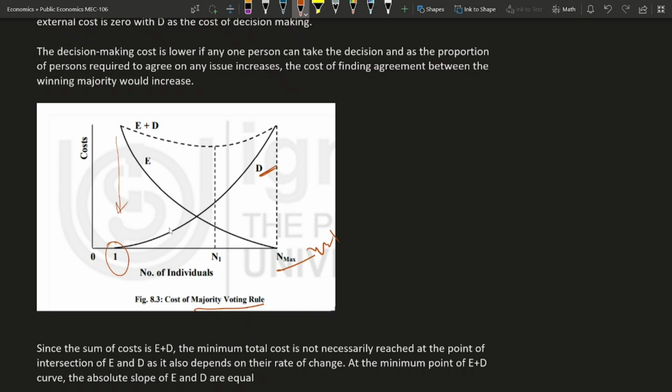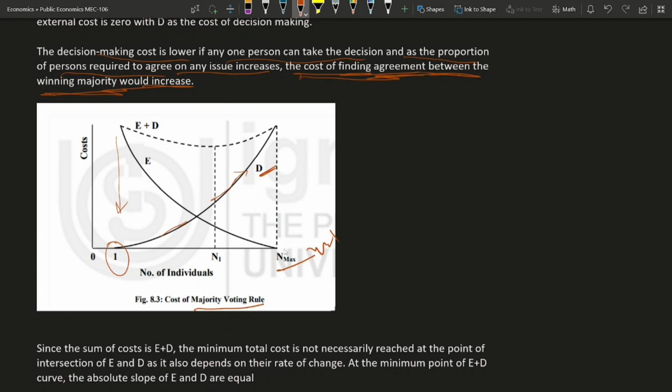So this decision making cost depends on how complex the system becomes when the number of individuals or voters is increasing. This decision making cost is lower if one person can take the decision; as the proportion of persons required to agree on any issue increases, the cost of finding agreement between the winning majority would also increase.